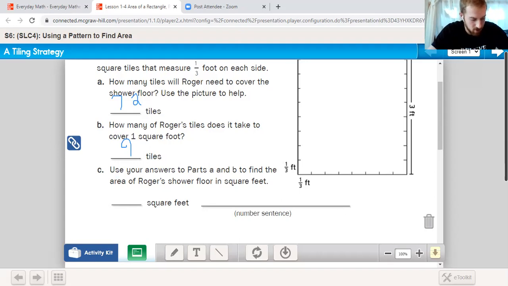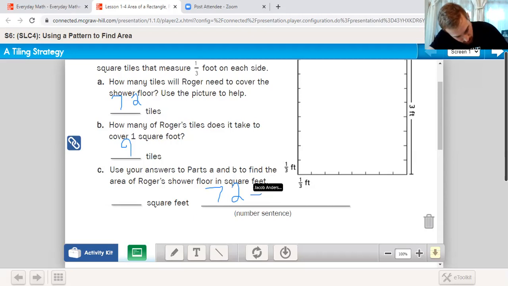So all we have to do is make a division sentence. So we have 72. We know that's how many tiles we have total. And we know there's 9 tiles in 1 square foot. So I'm going to do 72 divided by 9. My pen's being kind of funny.